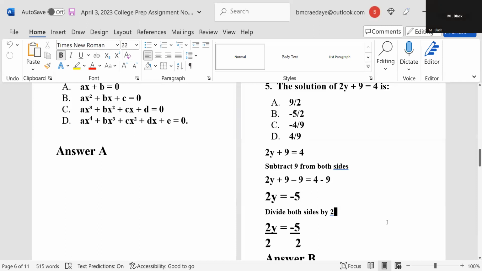So -5/2 is the answer. That's right, because it's the same, either way it's expressing a fraction. The numerator is -5, the denominator is 2, which makes the whole fraction negative, because negative over positive gives negative.